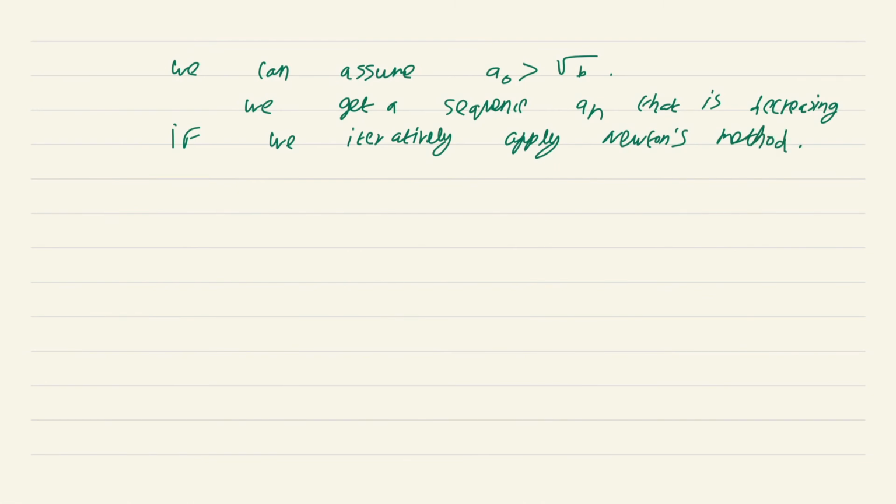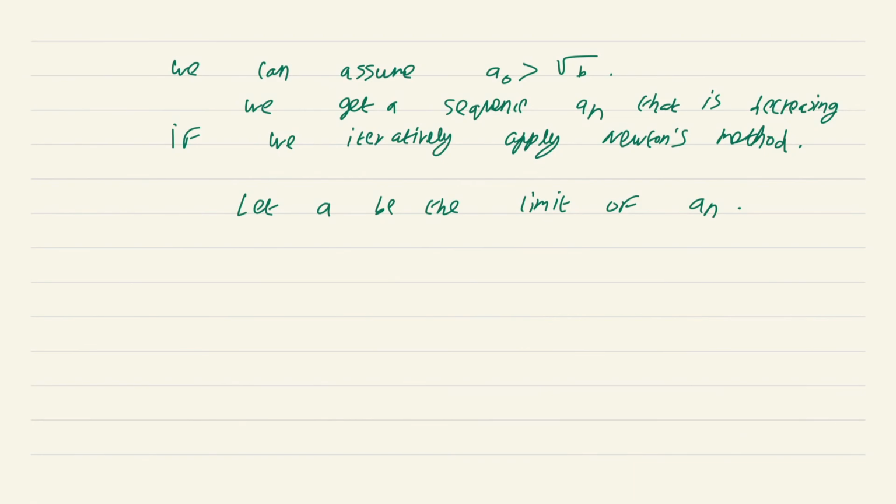Okay, so what we are going to do is start with an initial guess, get an a1, take that as the new guess and keep repeating. Okay, because a decreasing sequence that is bounded below by square root of b has to have a limit, let a be the limit of a n.